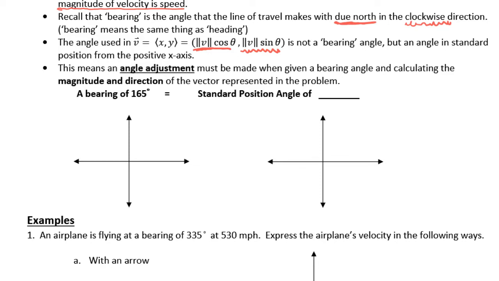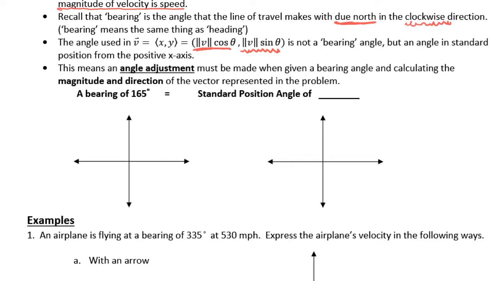This is not a bearing angle, but it gives you the angle in standard position. Remember that an angle in standard position always starts on the positive x-axis. So an angle adjustment must be made when given a bearing angle and calculating the magnitude and direction of the vector represented in the problem.